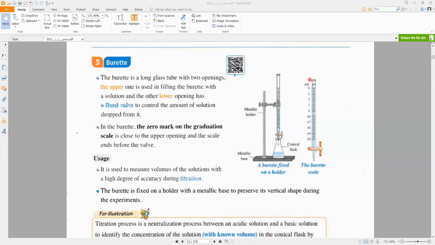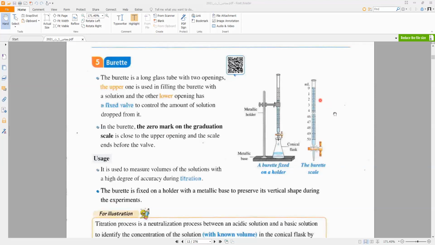The upper opening is used to fill the burette with solution, and the lower opening, a valve, is used to control the volume of the solution which is added to the flask.